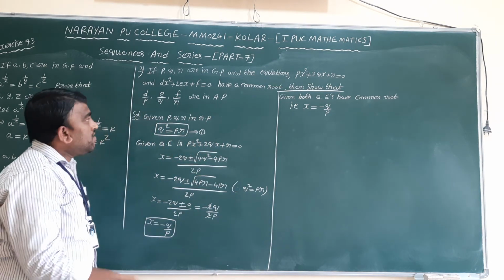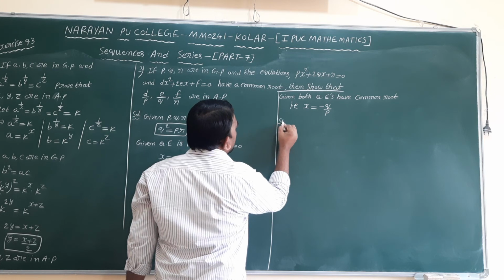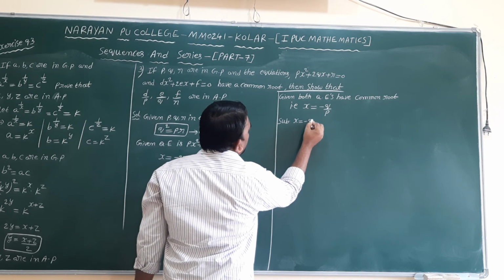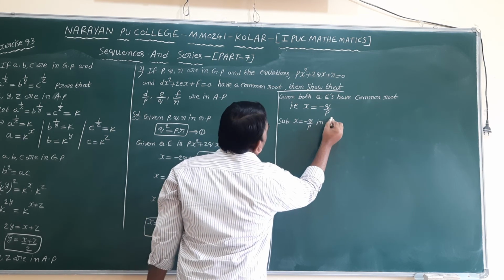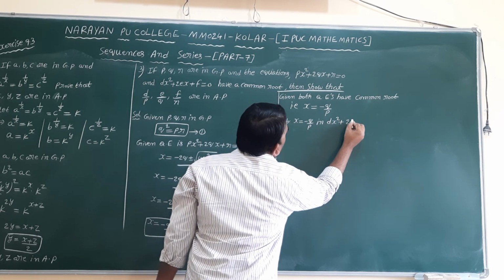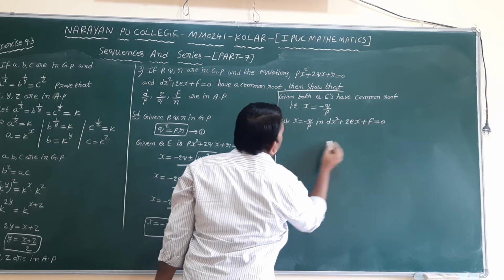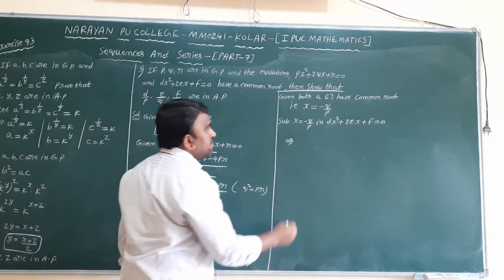So we substitute this x value in the second quadratic equation. Substitute x equal to minus q by p in dx square plus 2ex plus f equal to 0. Wherever x is there, substitute minus q by p.